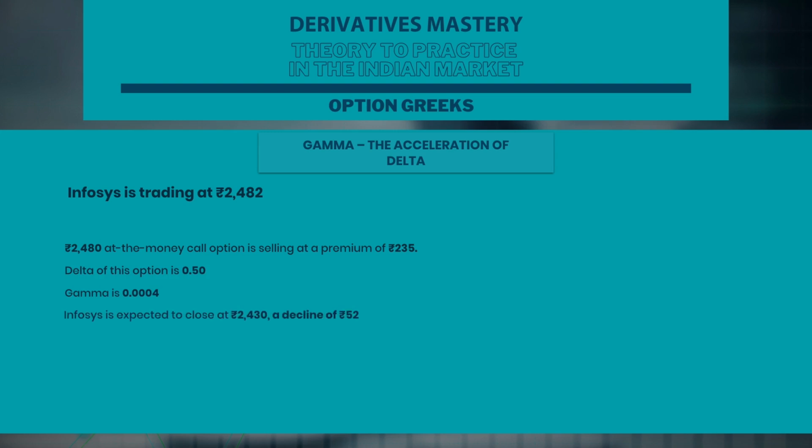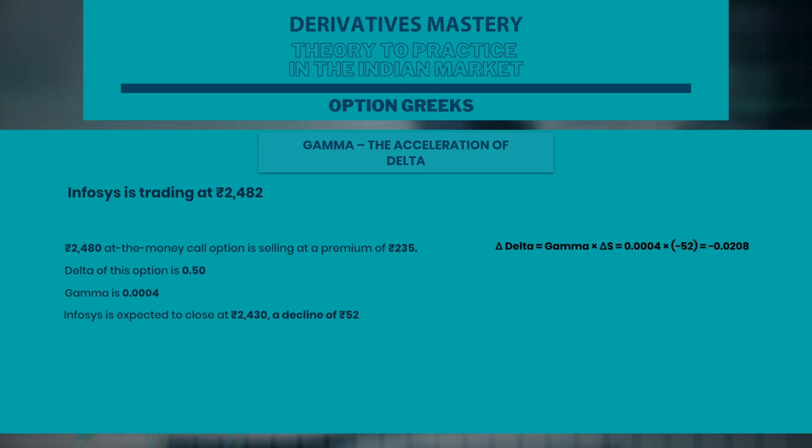Now imagine Infosys is expected to close at 2,430, a decline of 52 from its current level. So we know that gamma measures a change in delta. So we start by calculating how much delta will shift due to this 52 rupees price drop. So multiplying gamma by the price change, we get negative 0.0208.